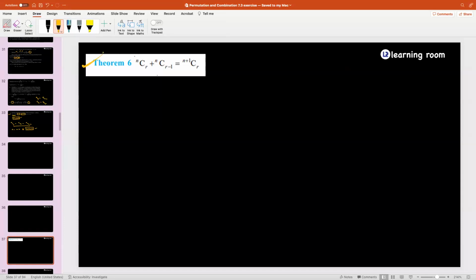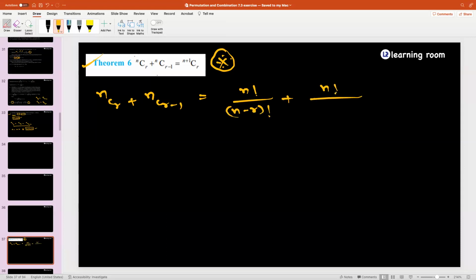Next. Theorem number 6 states nCr plus nC(r minus 1) is equal to (n plus 1)Cr. This is another important property that we need to have in mind. So nCr plus nC(r minus 1) is equal to n factorial by (n minus r) factorial plus n factorial divided by (n minus of (r minus 1)) factorial.